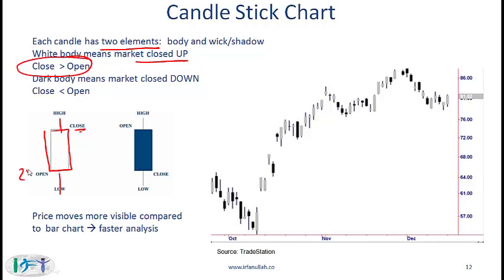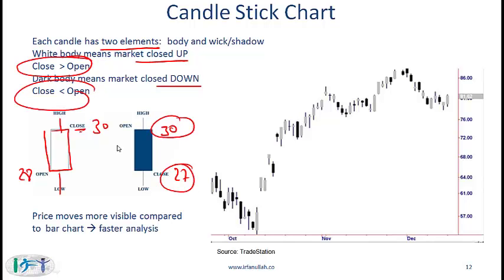So if the stock opens at 28, closes at 30, you will have a white or clear body. A dark body means that the market closed down. So if on the next day the market opened at 30 and closed at 27, then you will have a dark body, and here the close is lower than the open price.